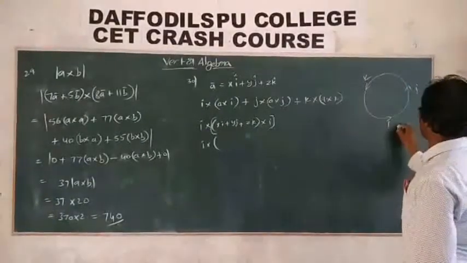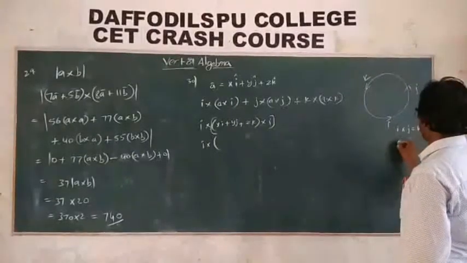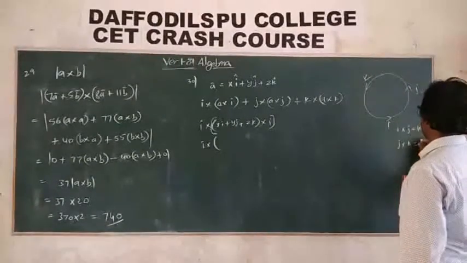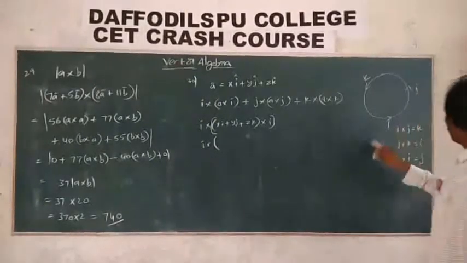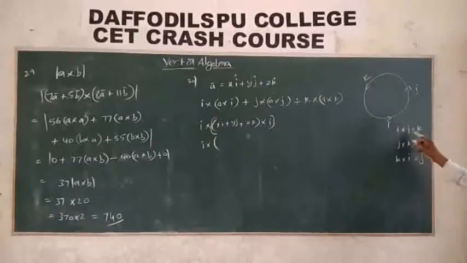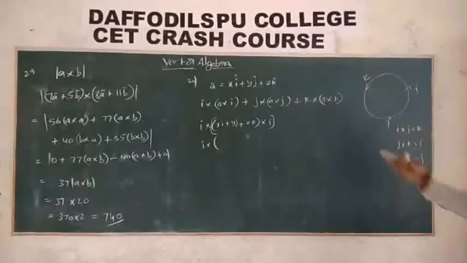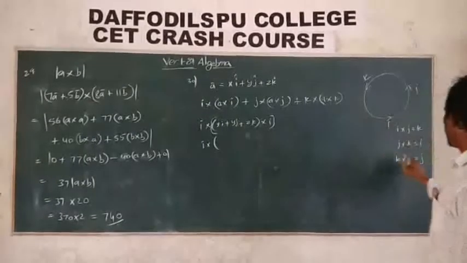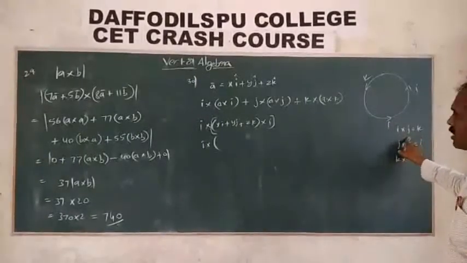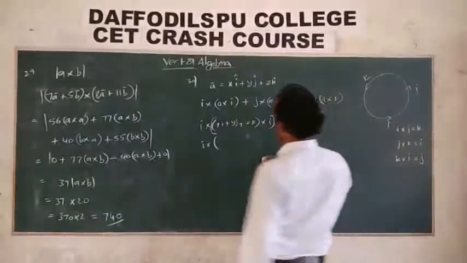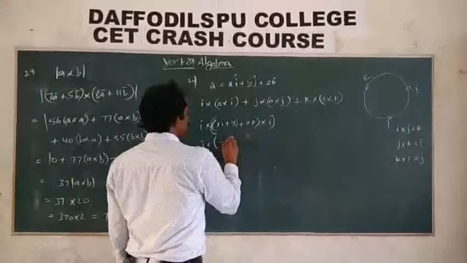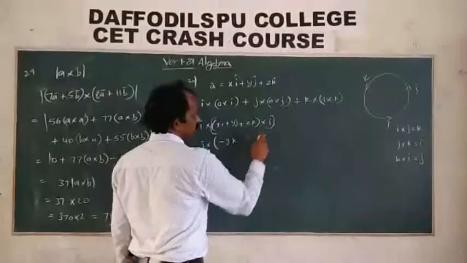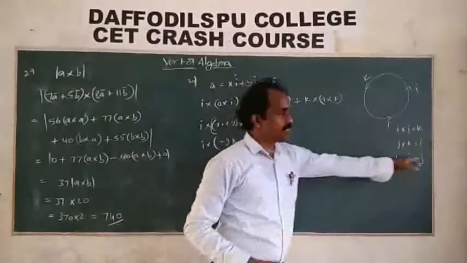I cross j is k, j cross k is I, k cross I is j. Apply the counter-direction to get the minus value: j cross I is not there, I cross j is there. So this value is equal to minus k, then minus yk. Next, k cross I is j, so that implies zj.